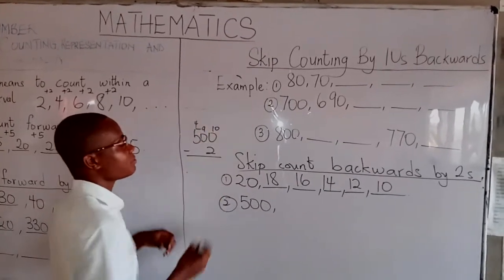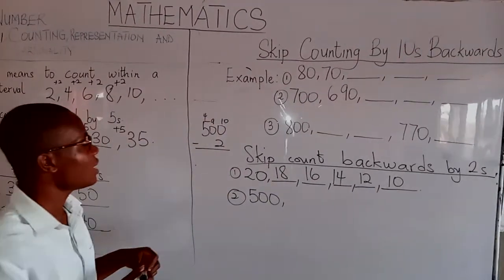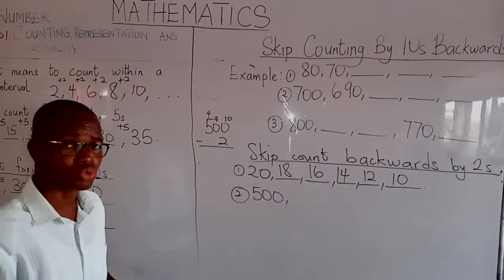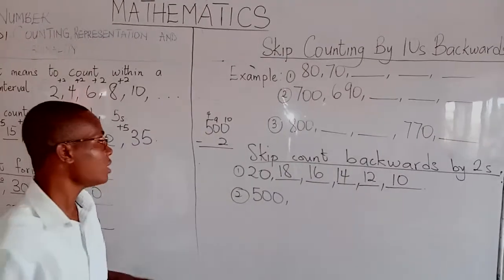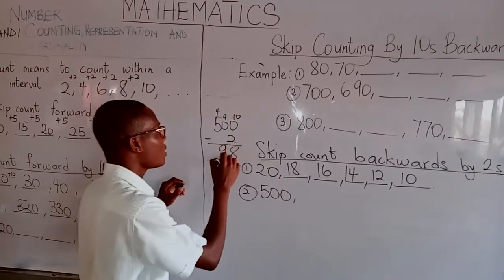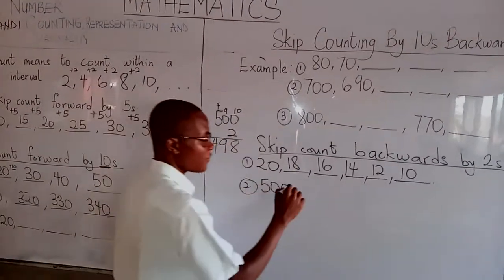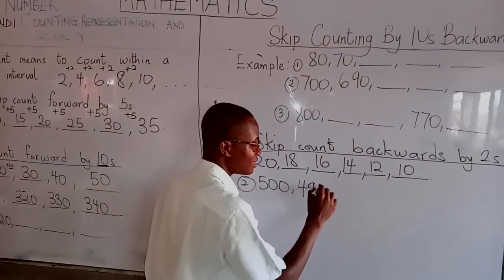And here becomes 10. It's very, very simple. Now 10 minus 2. That gives you what? 8. Very good. Now 9 drops down. Then your 4 also drops down. So the next number is going to be 498.